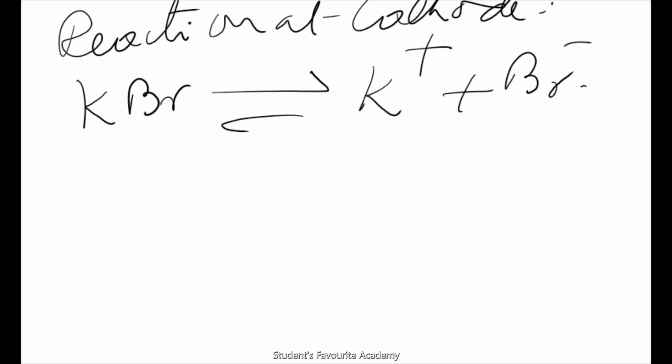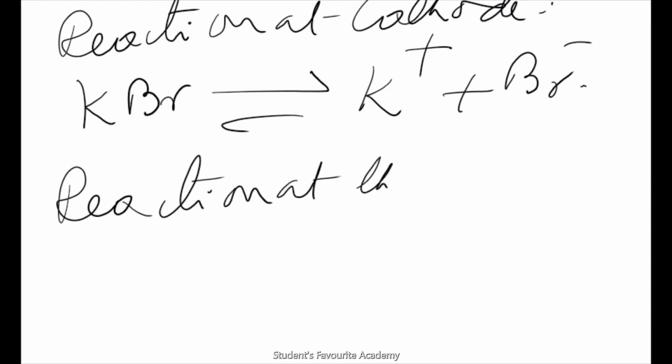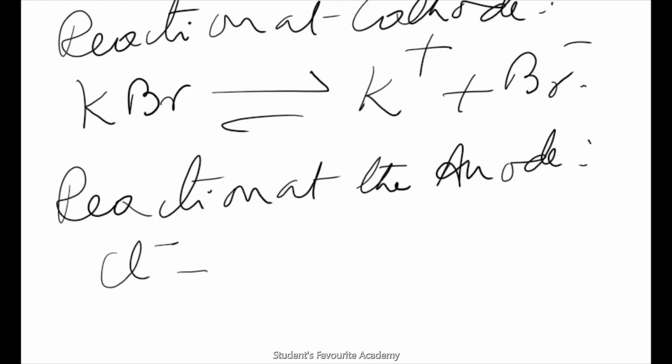Now the reaction at the anode: the bromide ions, which have migrated to the anode, lose one electron forming neutral atoms.